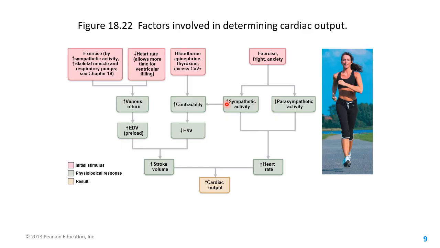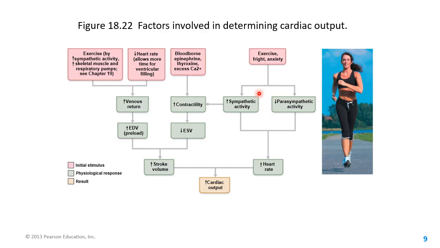So increased heart rate, what is going to happen? You're going to increase contractility and your stroke volume. Eventually everything here goes to increased cardiac output, right? So you can follow this chart here and make sure you understand what is going on, okay?